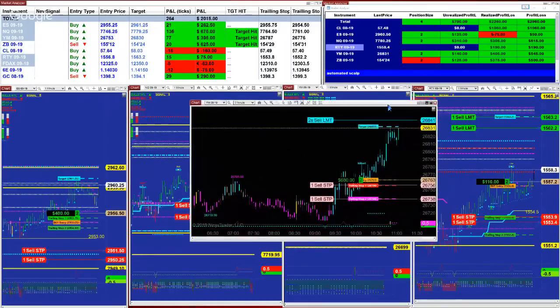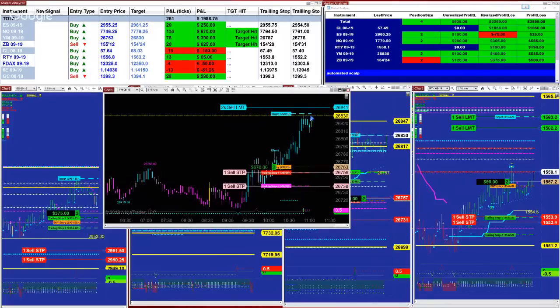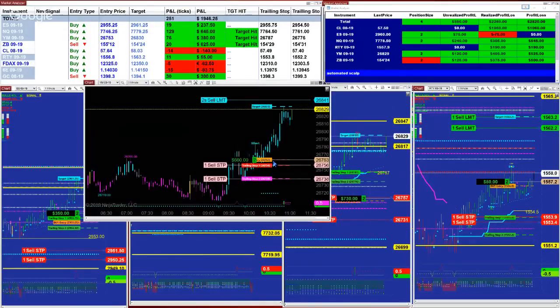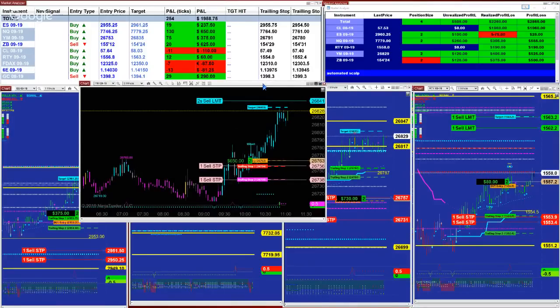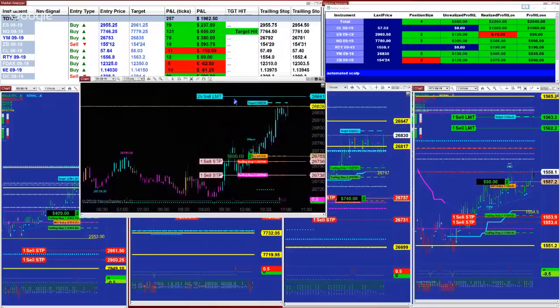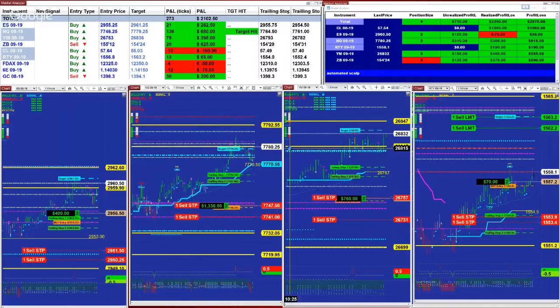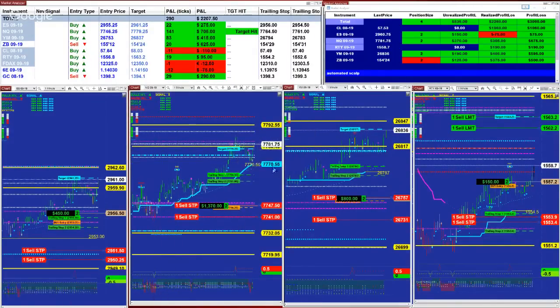You got lucky with that, but maybe another day it is going to go all the way back to your entry price, and if you don't have your eye on it, you're going to be losing all your profit. So this is the difference between a full automated trade and a manual one.